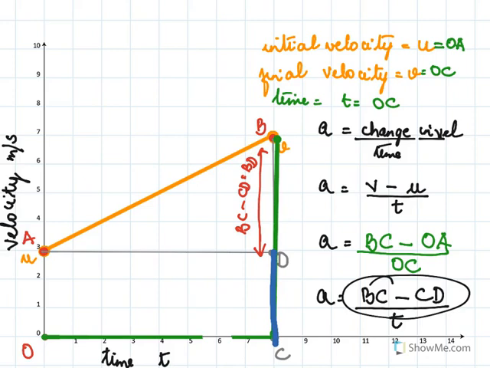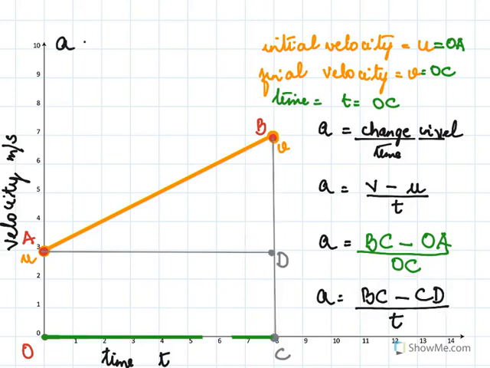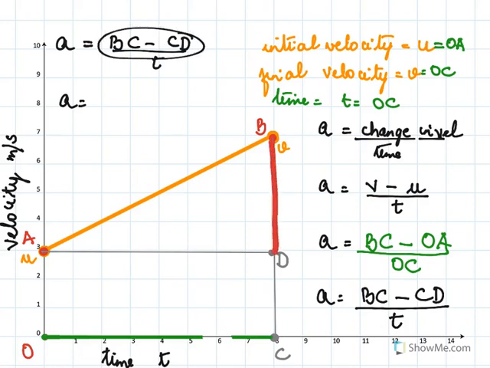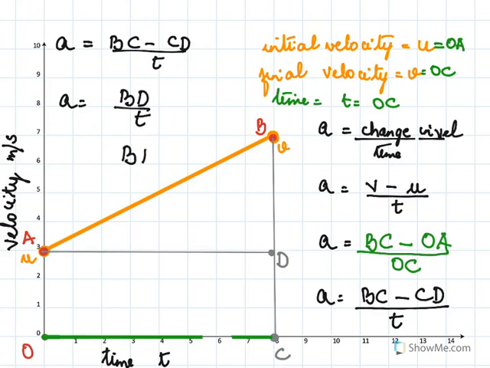So we write that now. We calculated a equal to BC minus CD over t. And we have seen BC minus CD is nothing but BD. So we have a equal to BD over t, which gives BD equal to at.